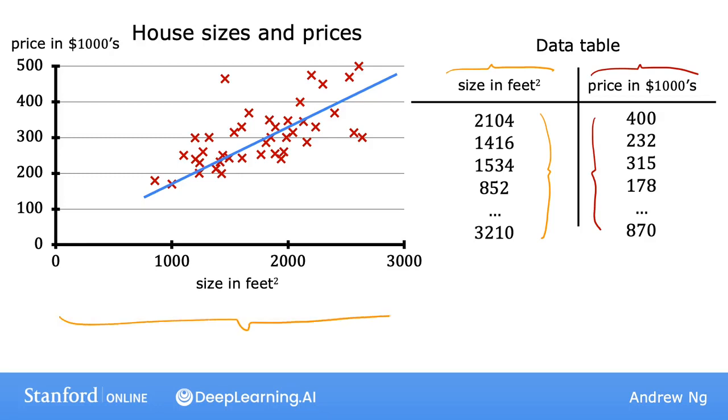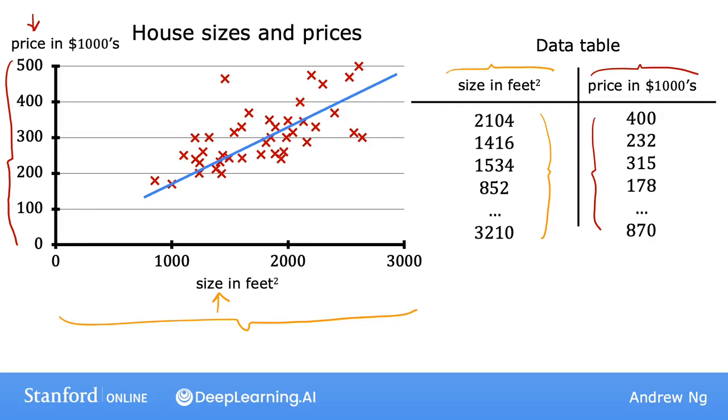Notice that the horizontal and vertical axes correspond to these 2 columns, the size and the price. And so if you have, say, 47 rows in this data table, then there are 47 of these little crosses on the plot on the left, each cross corresponding to one row of the table.